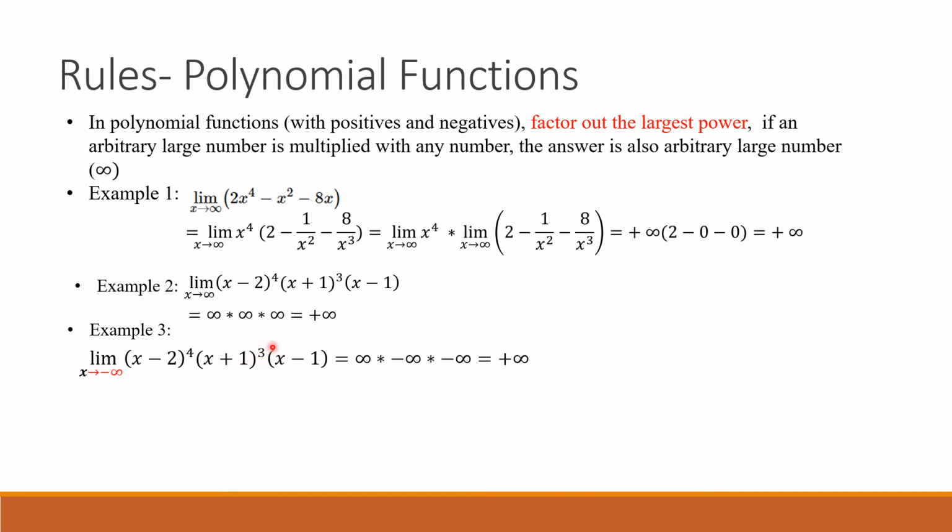Power 3, an odd power will not change the sign, so it's going to be negative infinity. And then here, negative infinity minus 1 is still negative infinity. Right now, it's just like multiplying 2 negative numbers together. Negative times negative will give me positive infinity, times positive infinity is a positive infinity. If I had 3 negative signs, it would have been negative infinity.